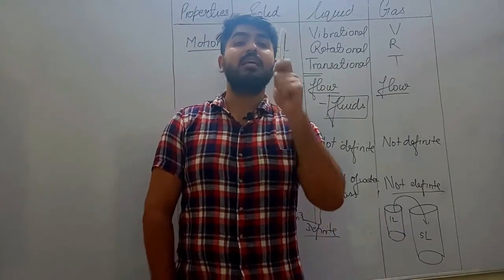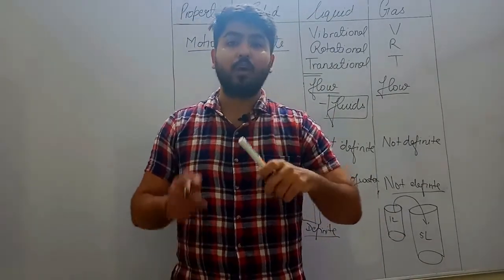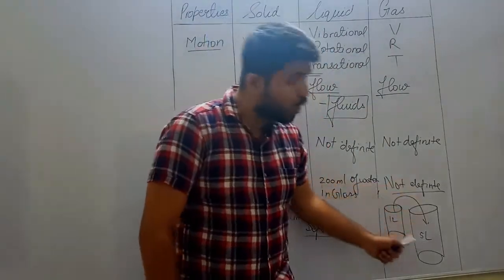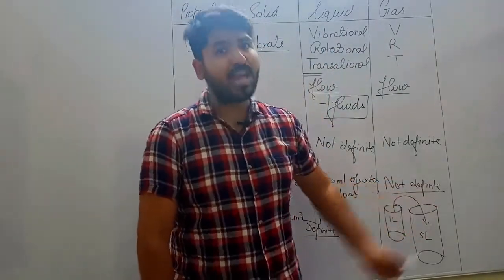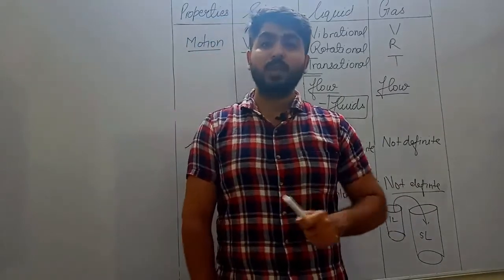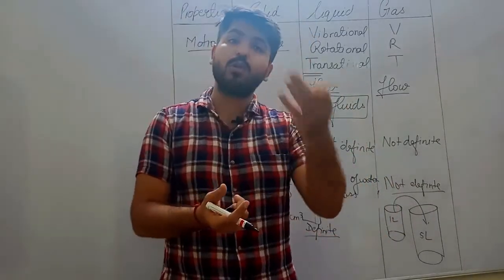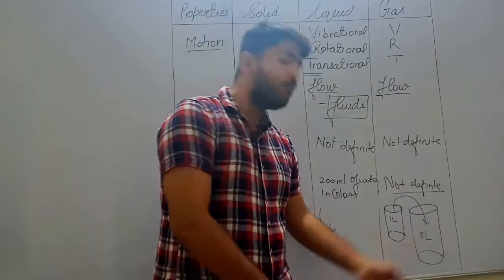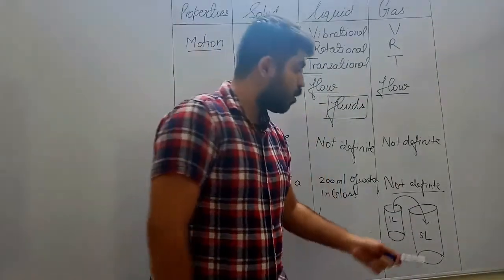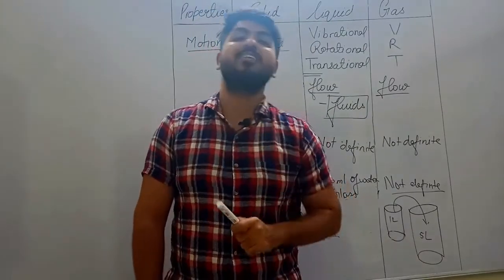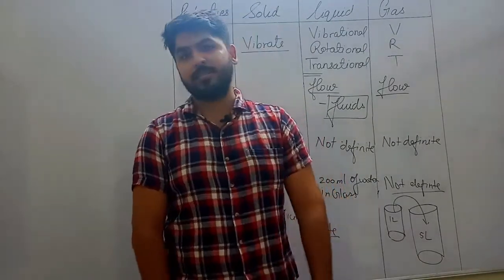The reason is, the particles of gas, they occupy whatever space they get. So they will occupy the whole container and the volume of gas will be 5 liters. So that's why यहाँ पे same amount of gas है but उसकी volume है 1 liter, और यहाँ पे भी same amount of gas है but उसकी volume है 5 liters. So that's why the volume of gas is not definite, it's indefinite.